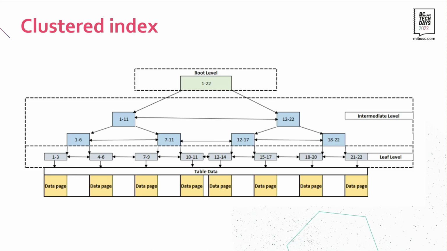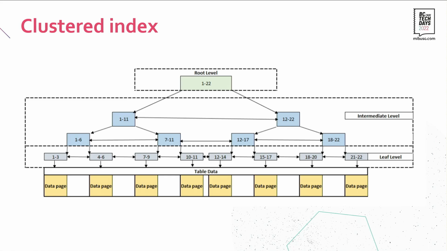The main one is the root level. Everything starts from it. After that, we have the intermediate level. This level provides just a connection between the root and leaf levels, so SQL Server does not need to create an intermediate level when we don't have a large amount of rows or data in our table.